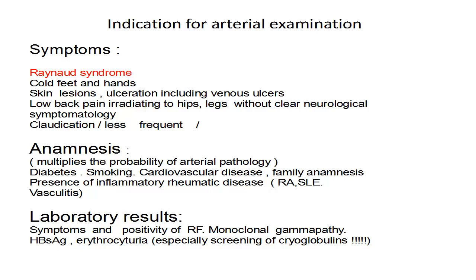Anamnestic data which will increase suspicion about vascular pathology and make the vascular examination almost mandatory are diabetes mellitus, smoking, cardiovascular diseases such as ischemic heart disease, transient ischemic attack in the brain, inflammatory rheumatic diseases such as scleroderma, rheumatoid arthritis or lupus, chronic kidney disease, and family anamnesis of early vascular disease.